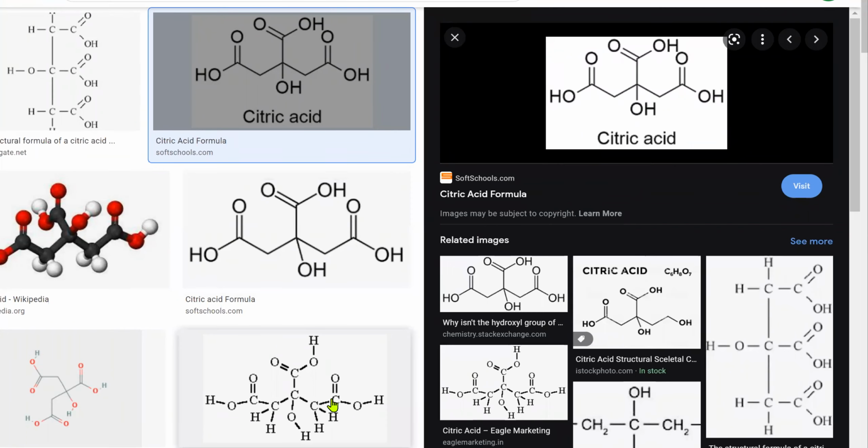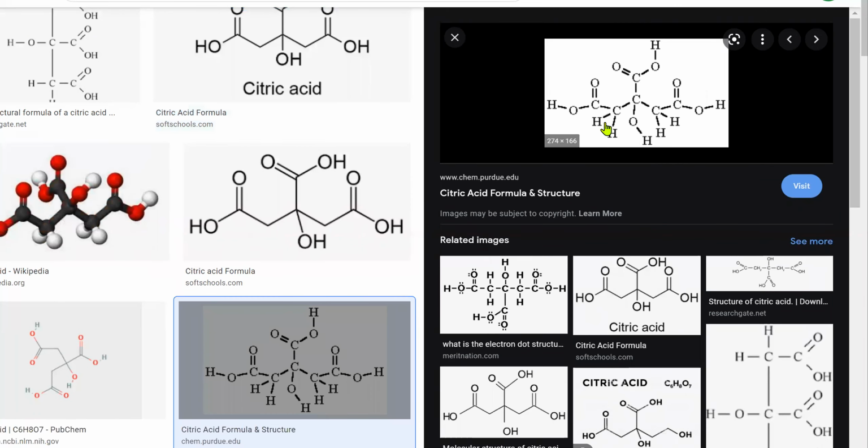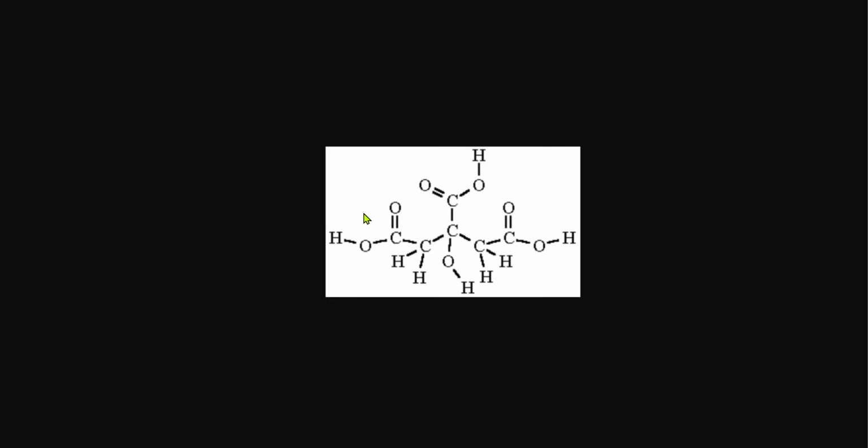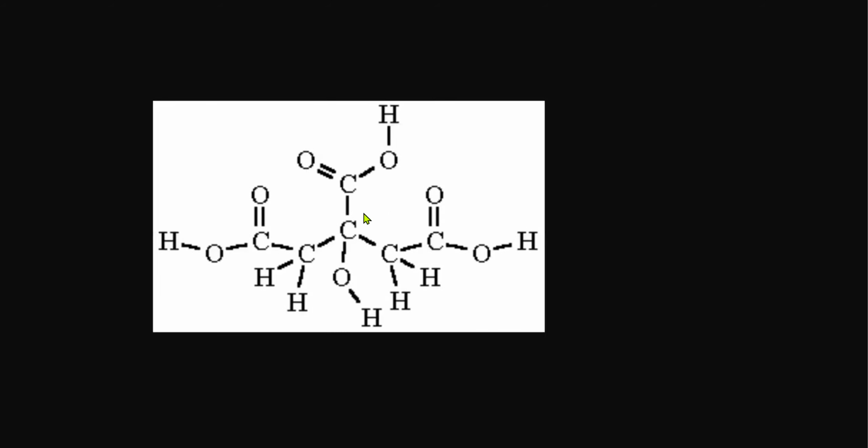Remember we did chemical bonding, we did these covalently bonded molecules. So here's a citric acid molecule. It's kind of a complicated molecule, but you can see the bonding is all correct. Carbon is making 4 bonds.